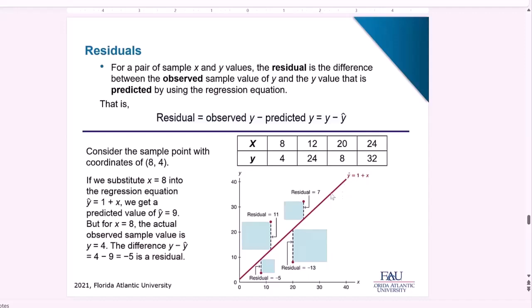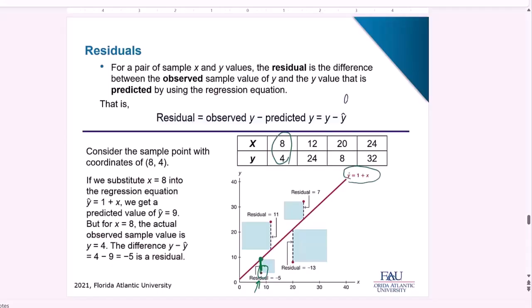We plug in our predicted value, and we get X equals 8, Y equals 4. That would be this point. We want to measure this distance to the line. Here is my regression equation. Y hat is coming from the line.